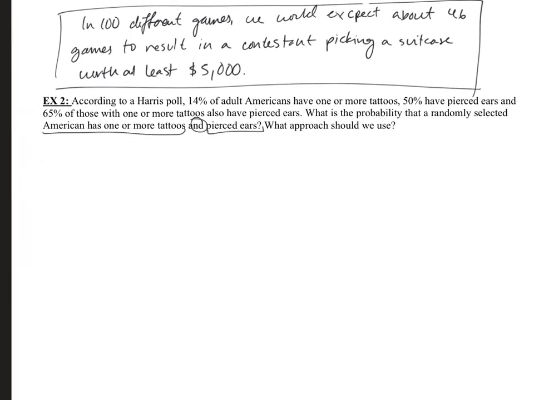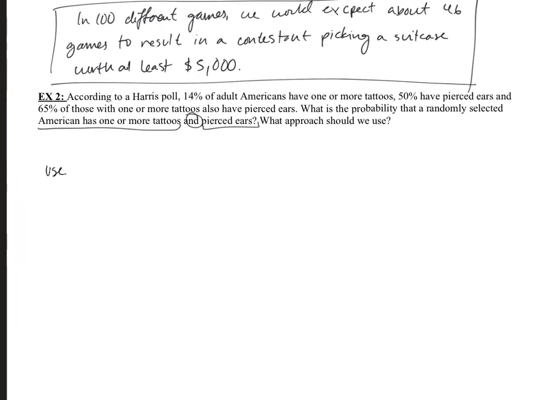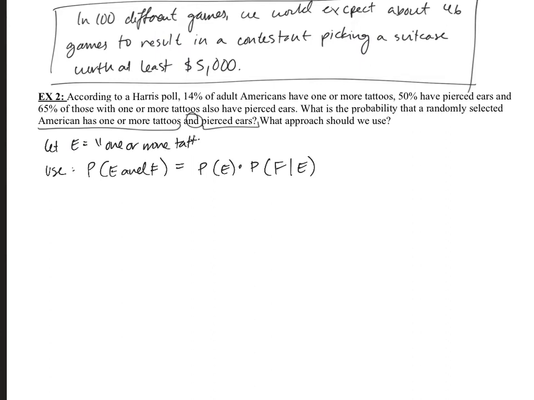So the probability of E and F, but they were not independent, which means we're going to use the probability of E times the probability of F given E. So let's go ahead and name our probabilities. So let's let E equal one or more tattoos, and F is ears pierced.